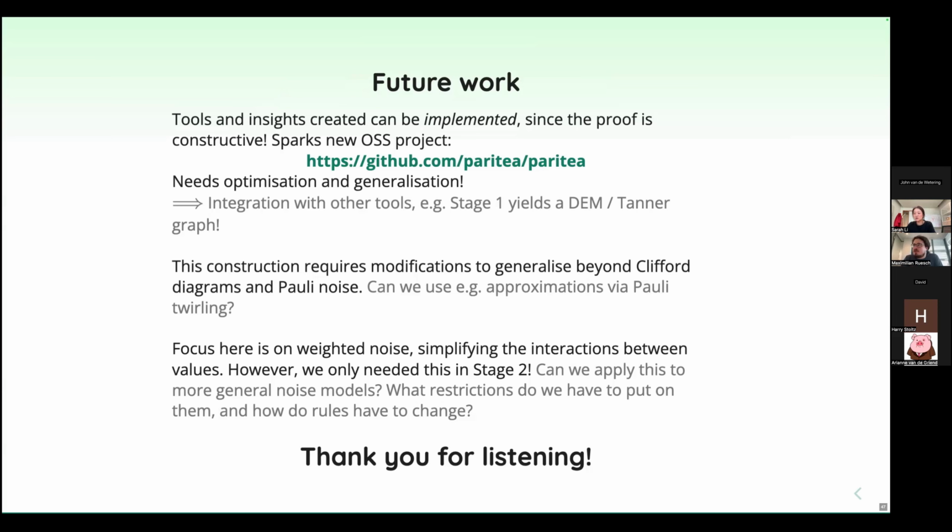Yeah, but that's definitely an interesting thing to look at, how we can generalize the noise that we can apply this to. Sorry, John, why would you mention simplifying the phase-free ZH diagram? Oh, okay.